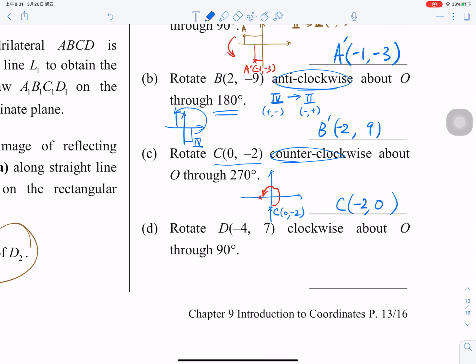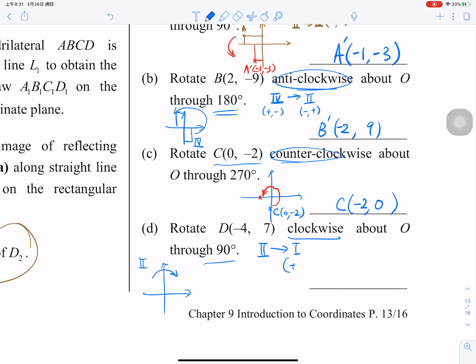Part D. Rotate D clockwise. This time it is clockwise, about O through 90 degrees. Which quadrant for part D? Yeah, it's quadrant 2. Clockwise 90 degrees means like this, so to quadrant 1.